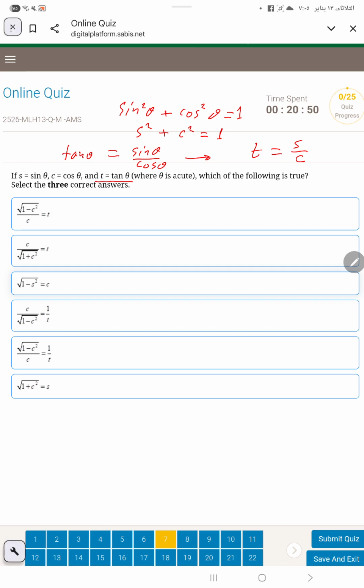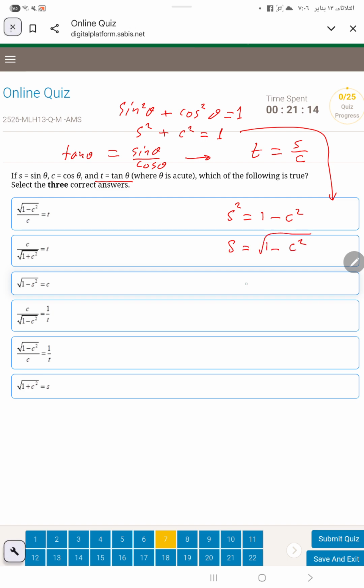Okay, now let's use this information to solve and see which option is correct. From this equation, we can write S squared is equal to 1 minus C squared. And if you take the square root on both sides, you get S is equal to the square root of 1 minus C squared.